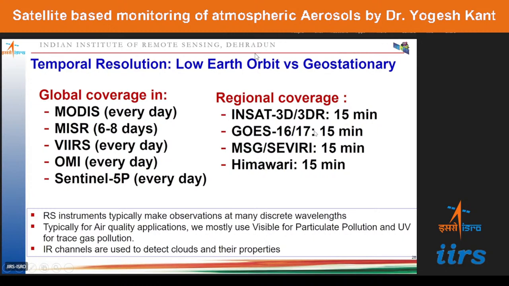GOES is a US geostationary satellite, and it also provides aerosol products. SEVIRI on Meteosat, the European geostationary satellite program, also provides the aerosol product on a 15-minute scale. The Japanese program Himawari has a sensor which also provides similar information every 15 minutes.